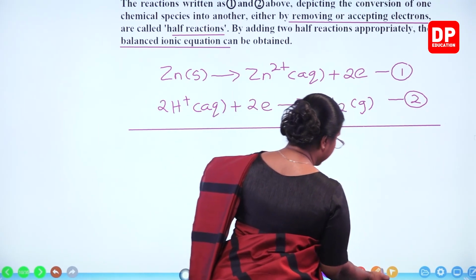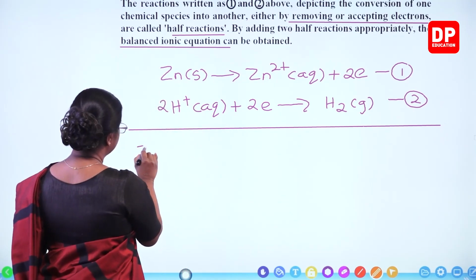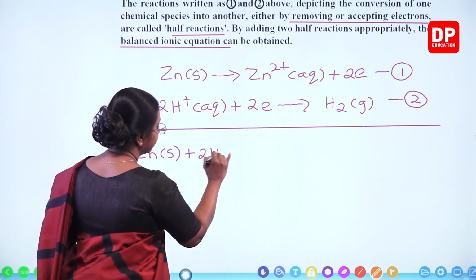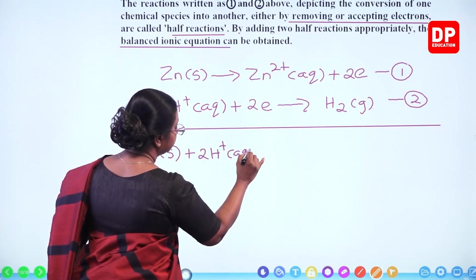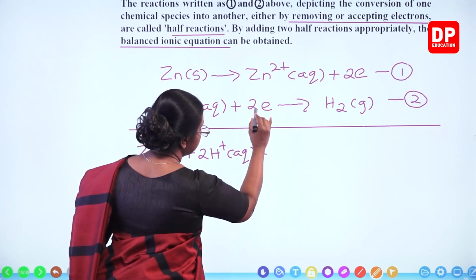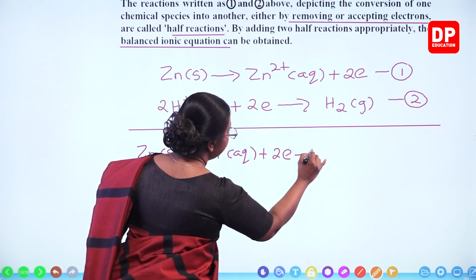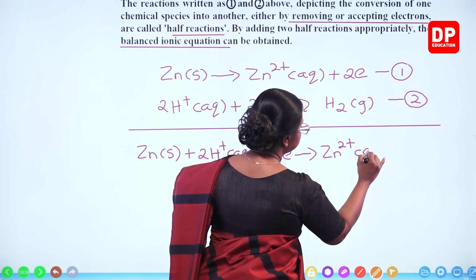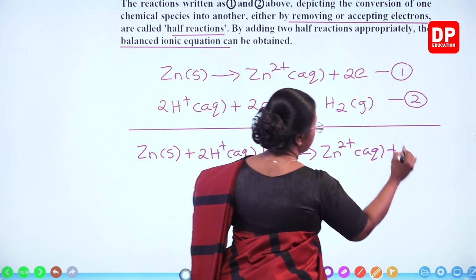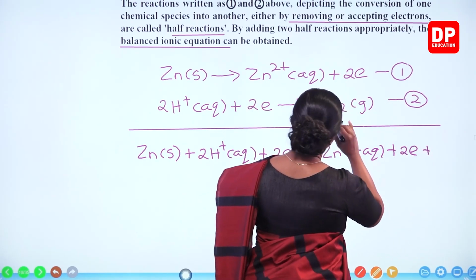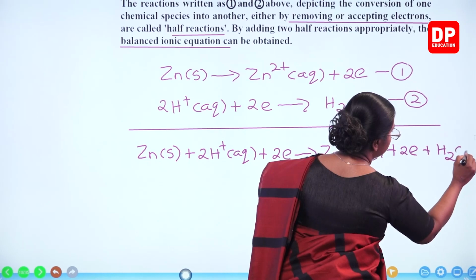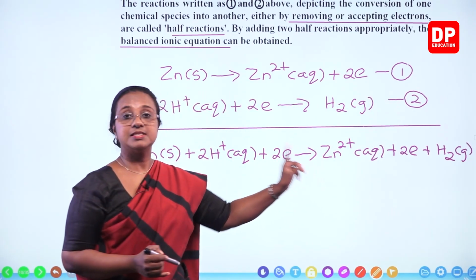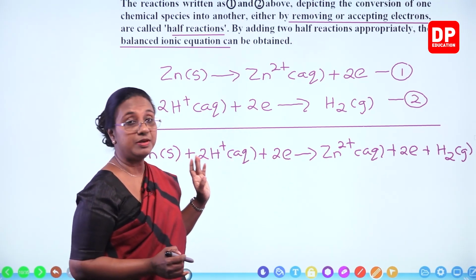So once you add them together, you will get zinc solid plus 2H plus aqueous plus 2 electrons, giving rise to zinc 2 plus aqueous plus 2 electrons plus H2 gas. Now always we don't write any state for electrons, that I told you before also.